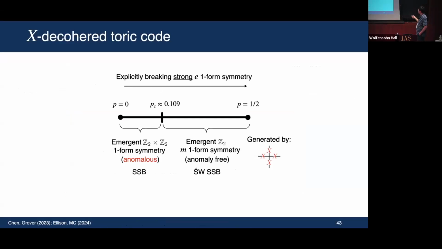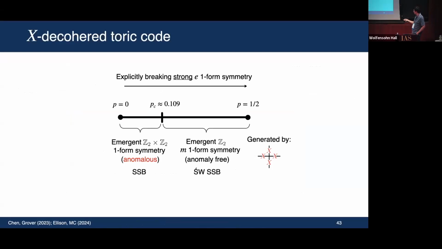Now, we can also look at the phase diagram from a symmetry perspective. Over here, the channel explicitly breaks the strong one-form symmetry. I guess I didn't define the strong one-form symmetry, but you can imagine how it's defined. Over here, we have an emergent Z2 cross Z2 one-form symmetry, which is anomalous, just inheriting the same anomaly from the ground state of toric code.